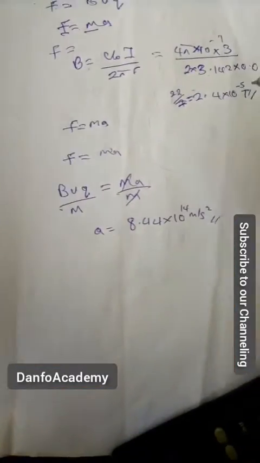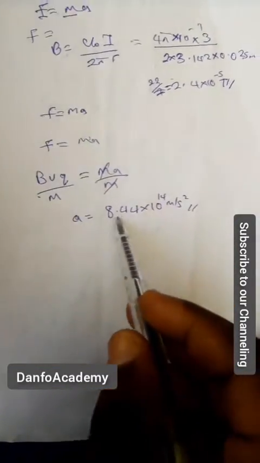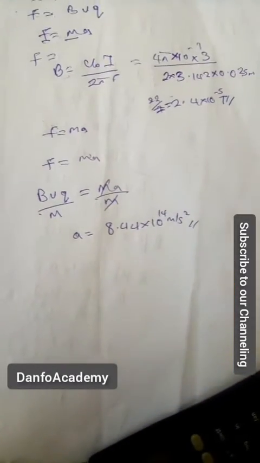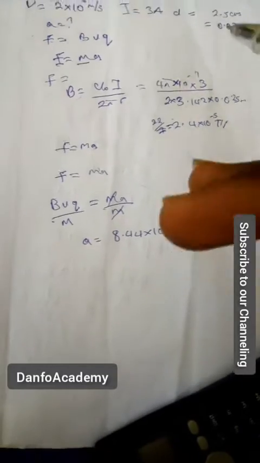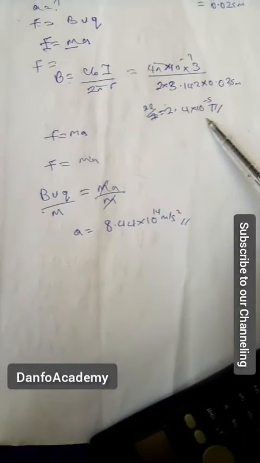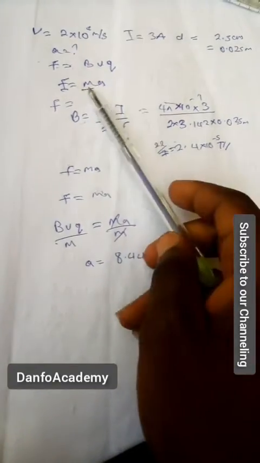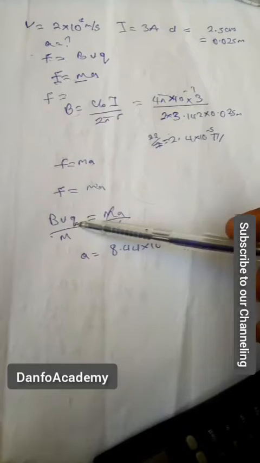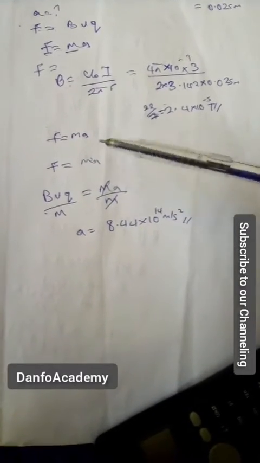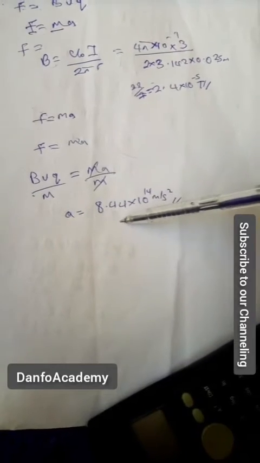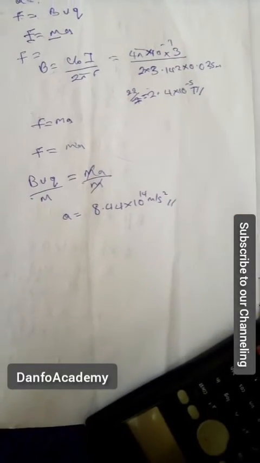So I believe that we have calculated your a equals 8.44 times 10 raised to power 14. I don't want to make this video very long by doing all the calculations, but we've already known our value for B, the value for v to be 2 times 10 raised to power 8. So our q, we all know the value for that also, and our m, we also know the value. So whenever you calculate this, it's going to give you 8.44 times 10 raised to power 14.